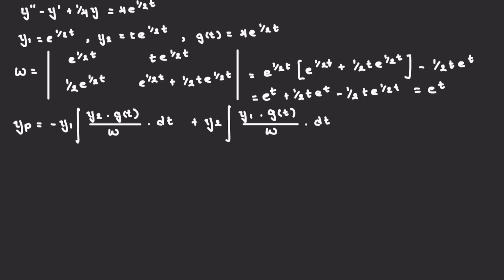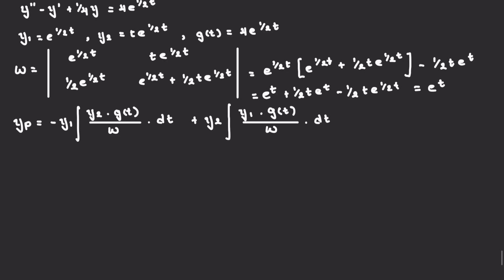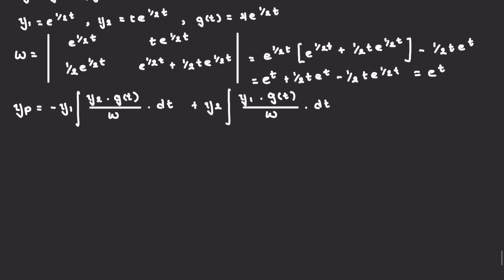d of t. And so let's plug in our y1, y2, g of t, and our Wronskian inside this formula so we can solve for it. Negative 1 over 2 e to the 1 over 2t multiplied by the integral of y2, which is t e to the 1 over 2t, times g of t, which is 4 e to the 1 over 2t.